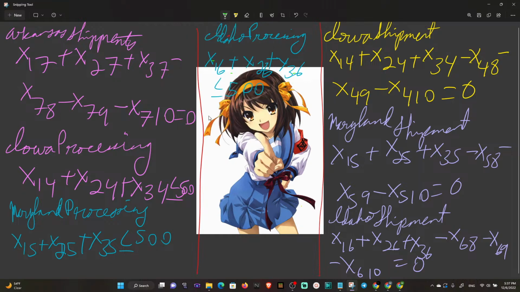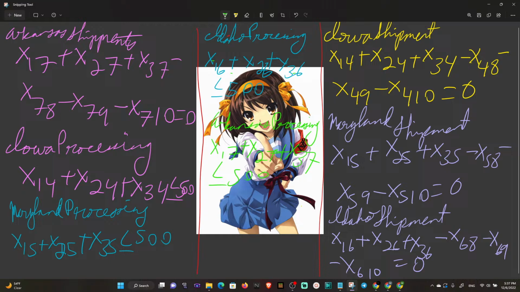And then we have to do the Arkansas processing, which will be x17 plus x27 plus x37 less than or equal to 500. Then after that, we have the demands. So that's how you do all the processing. Any questions?